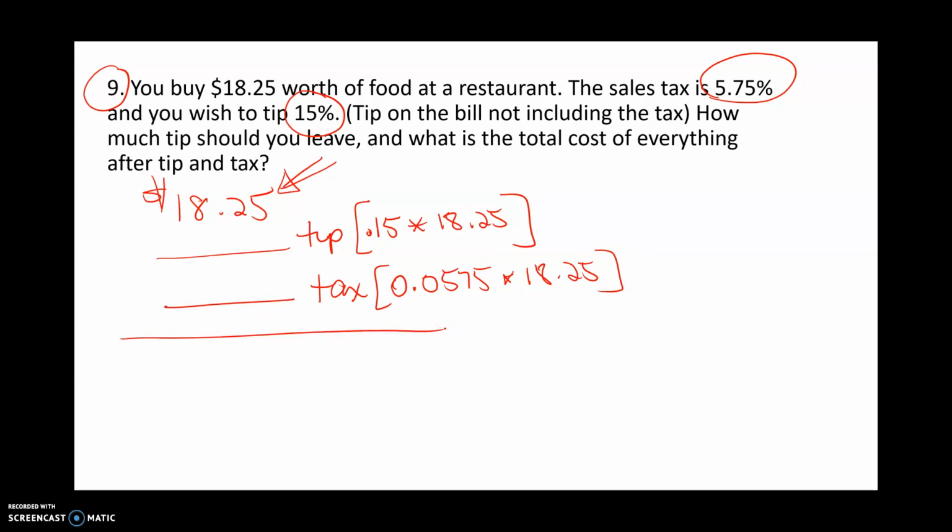So if I take 15% of 18.25, I'm going to round to the nearest penny, and then if I take 0.0575 times 18.25, I get 1.05 as my tax, rounded to the nearest penny, and then I'm going to add it up. So my total bill, including tip and tax, is $22.04.